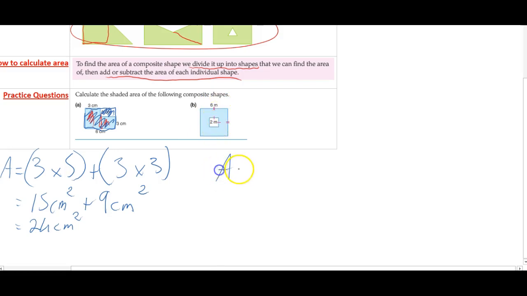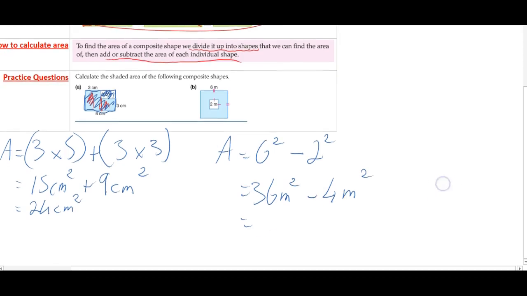So the area for this one is 6 squared, then subtract 2 squared. So 6 squared here is 36 meters squared, minus 2 squared, 2 times 2 is 4 meters squared. Therefore, 36 meters squared minus 4 meters squared equals 32 meters squared.